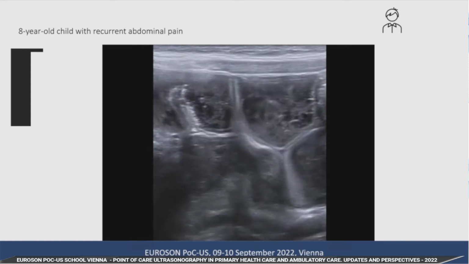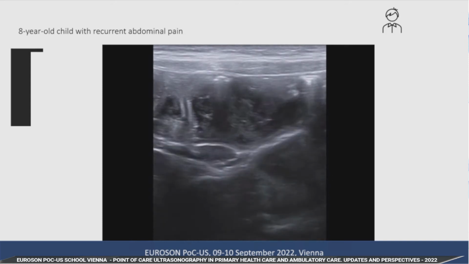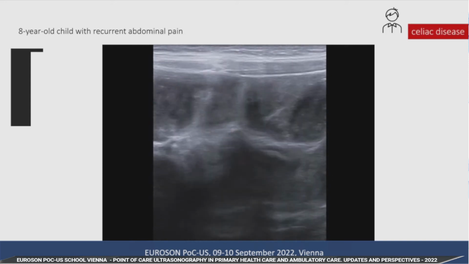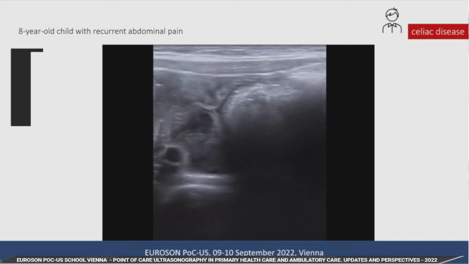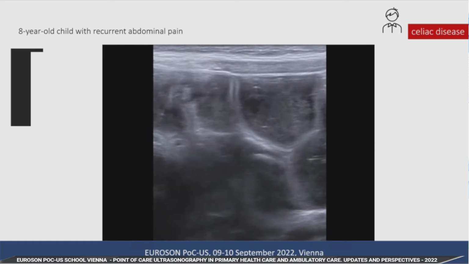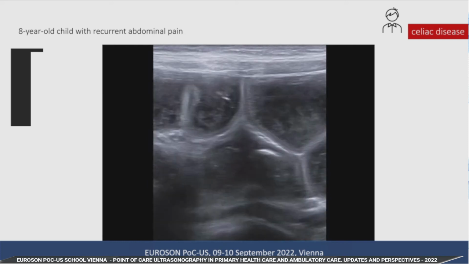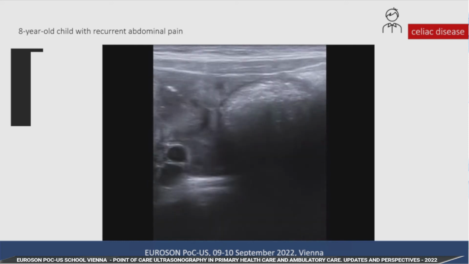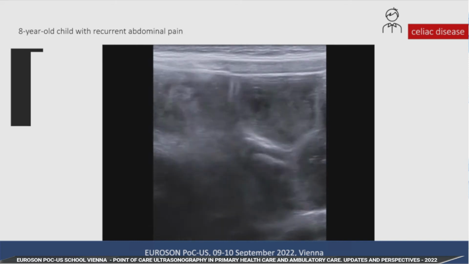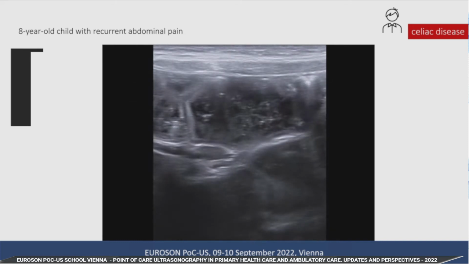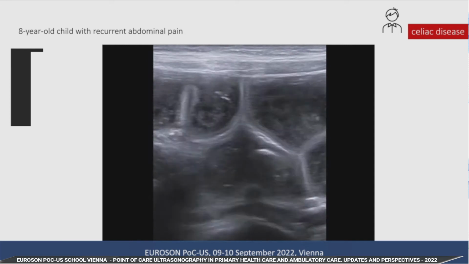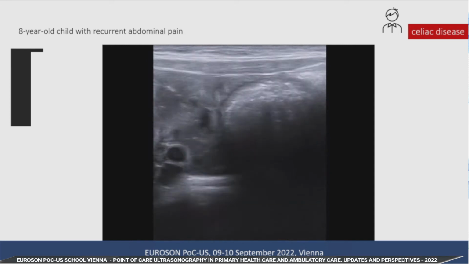Ultrasound examination is only guiding us to the proper diagnosis. The diagnosis is celiac disease. If you see such intensive peristalsis, if you see a little bit of dilatation of the gastrointestinal tract, please think about celiac disease.